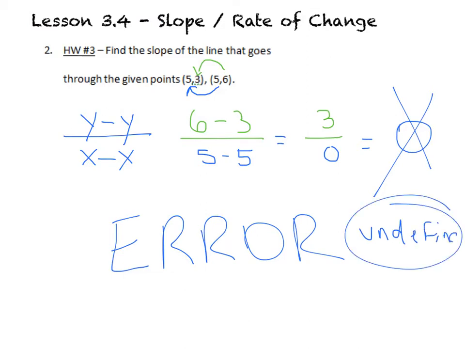And that's our answer. If it was reversed, if it had been 0 over 3, then the answer would equal 0. So just be careful. Type it in your calculator. 3 divided by 0 will come up error.